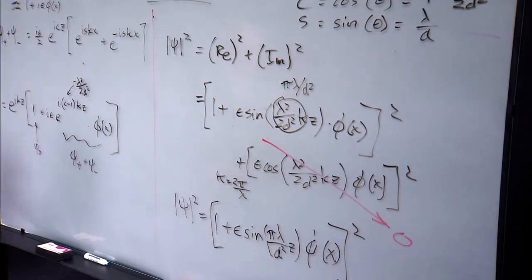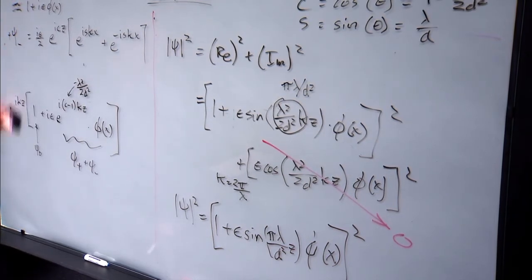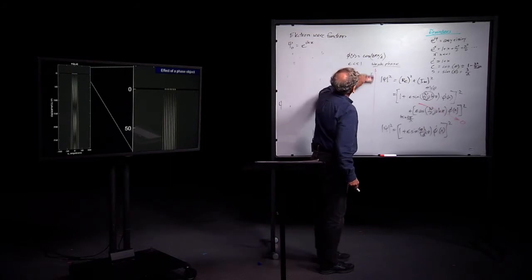So there's one more approximation we're going to make, and that is we're going to say, well, epsilon is really small, so epsilon squared is going to be negligible. So let me erase some things on this side, and then we can think about computing that square.